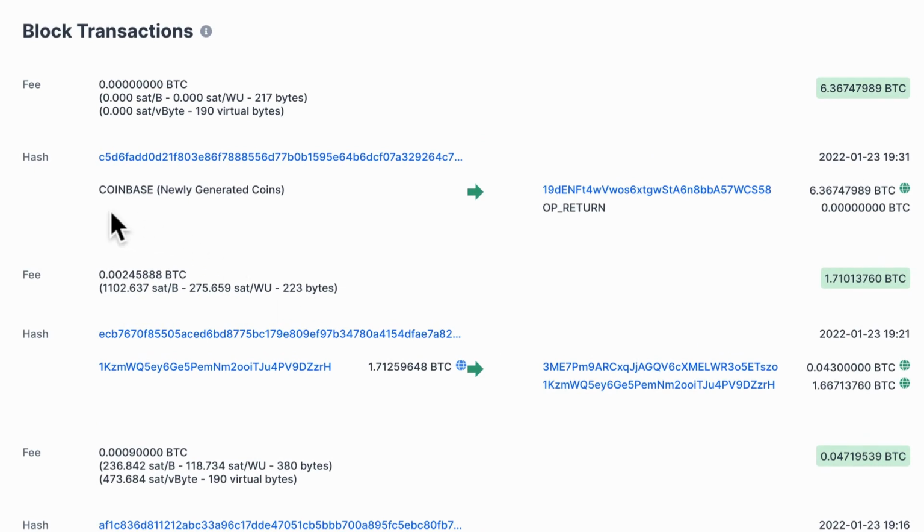The first transaction in a block is known as the Coinbase. It contains the newly generated coins that are given to the miner, the block creator, as a reward for their work. We see the amount here is slightly more than the 6.25 we discussed earlier. Why is that?